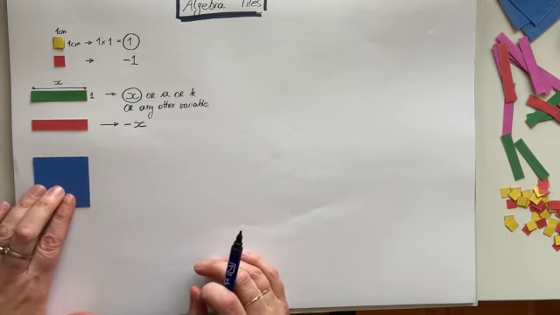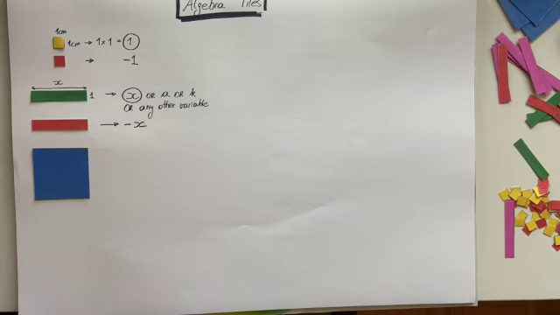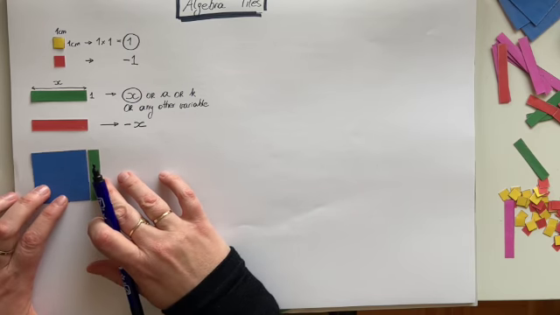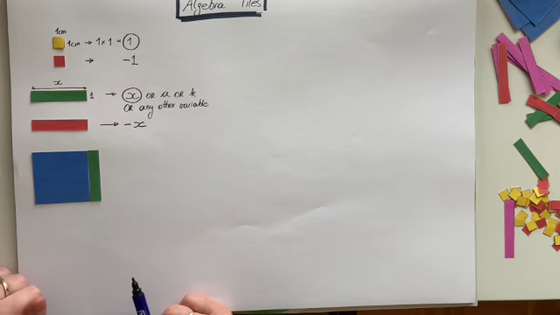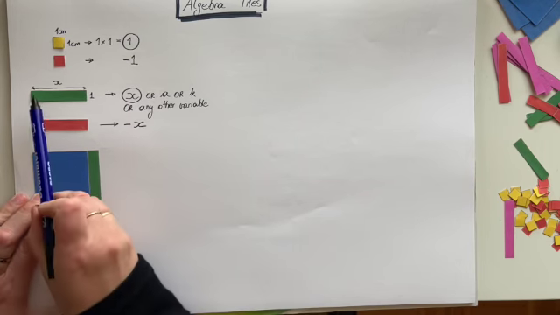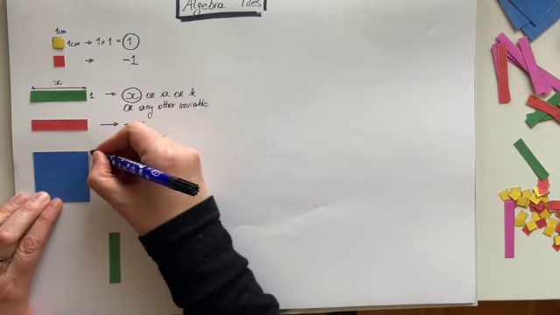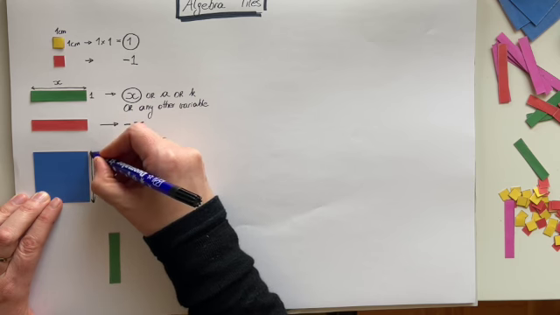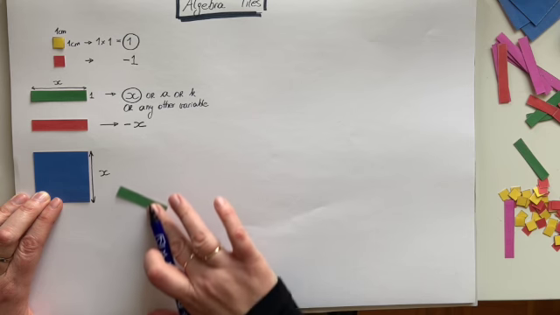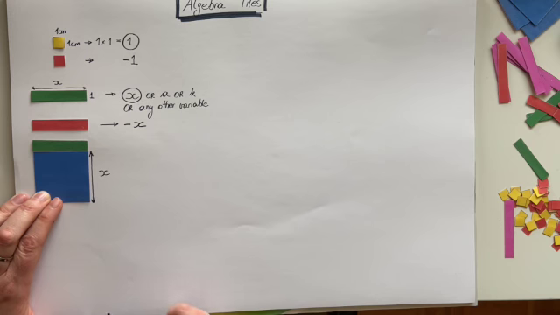Then we're going to look at the blue ones. Now this blue square has a side length, as you can see here. This side length of our green one was x. So I'm going to call this side length x as well. Let's check for the other side. And you might have guessed, I said already it's a square.